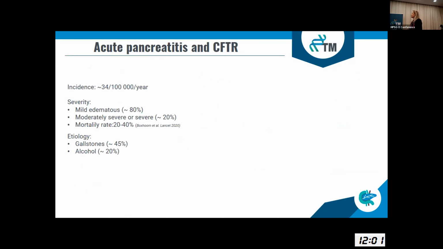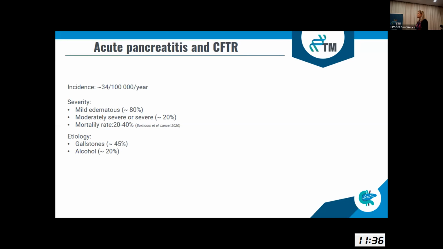As you know, acute pancreatitis is an inflammatory disorder with an incidence of 34 per 100,000 persons per year. In most of the cases, the symptoms are mild, but in approximately 30%, moderately severe or severe pancreatitis develops with a mortality rate of 20 to 40%.